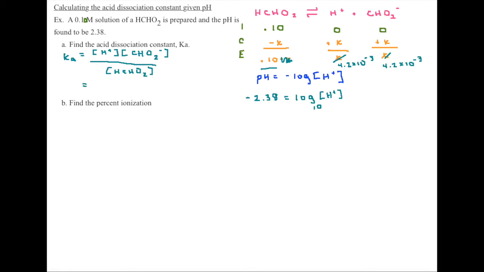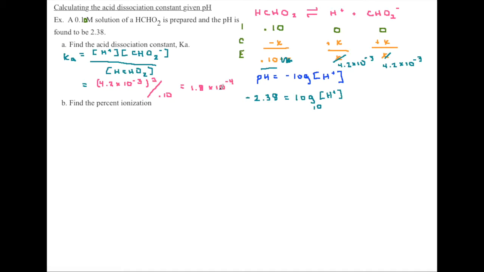I know that the concentration for both of these is 4.2 times 10 to the negative third, and since there are two of them, I'm just going to square this value. And I'm now going to divide that by the concentration of my acid, which is 0.10. And so what I end up getting for my Ka value is 1.8 times 10 to the negative fourth.